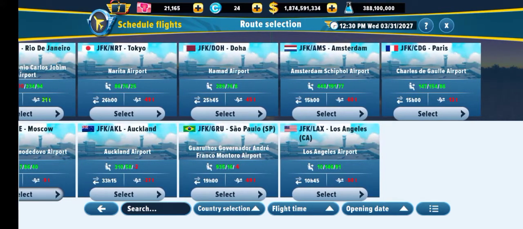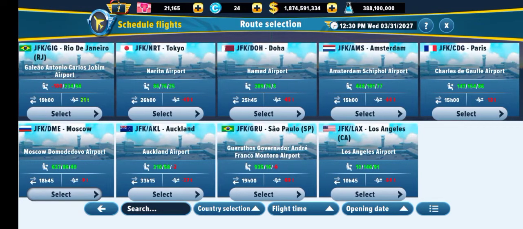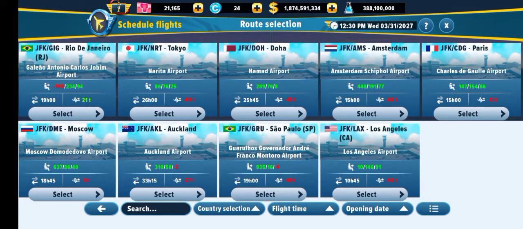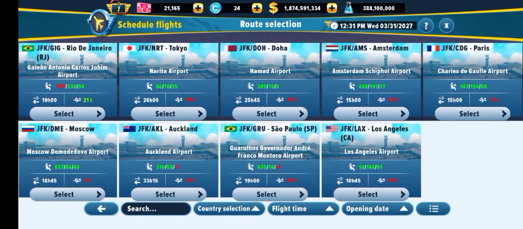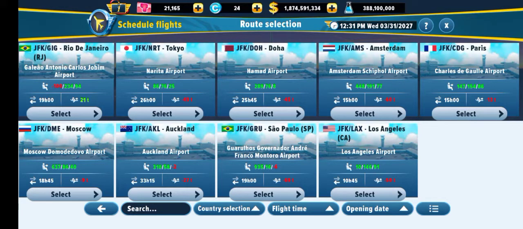because as you can see the demand for your routes is quite a lot, as you can see over here. Since JFK is one of my newer hubs, I haven't really purchased too many routes for this hub.